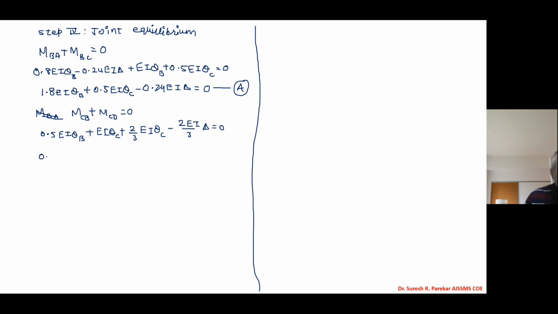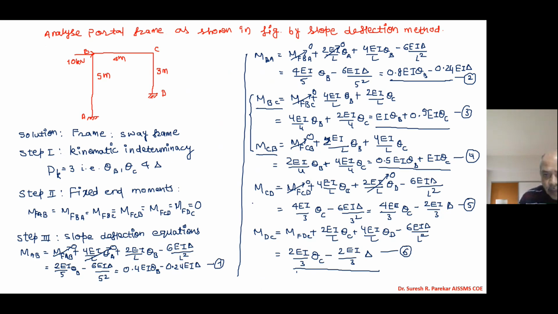And we have this equation 0.5 EI theta B plus 3 plus 2. So we have this as MCD we have to take.